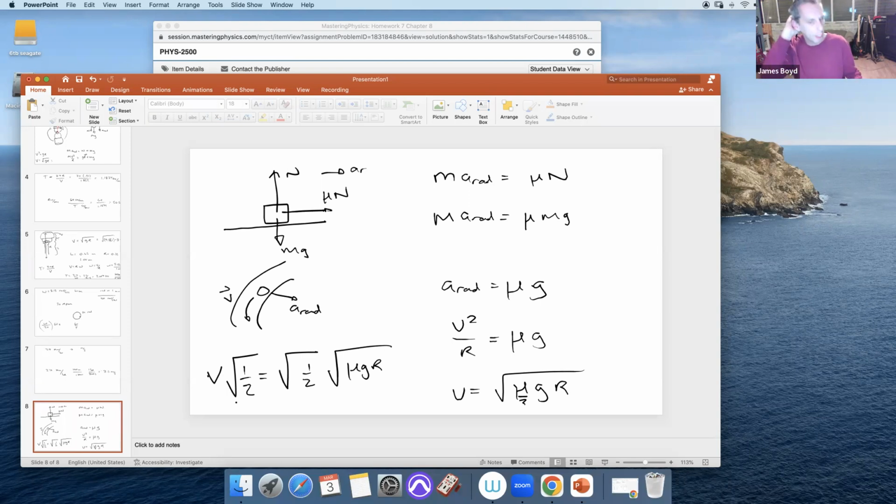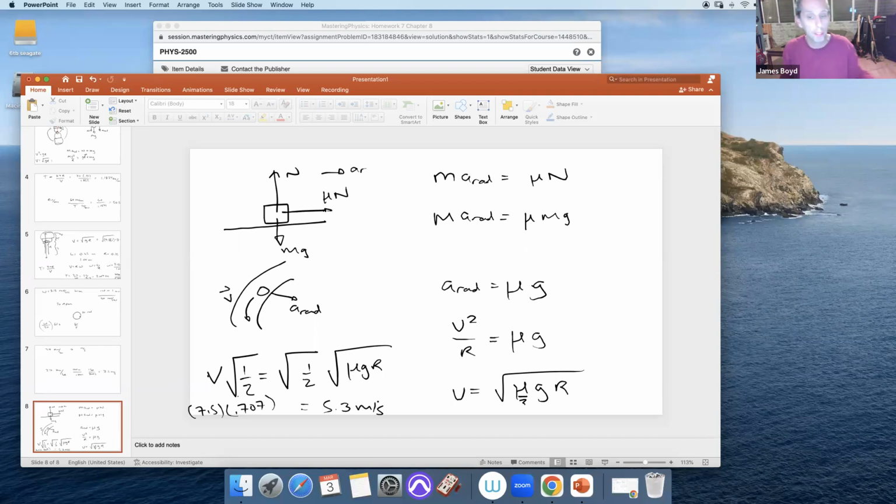And what that's going to give us is the square root of 0.5, which is 0.707. And our velocity was 7.5. So 0.707 times 7.5 is 5.3 meters per second.